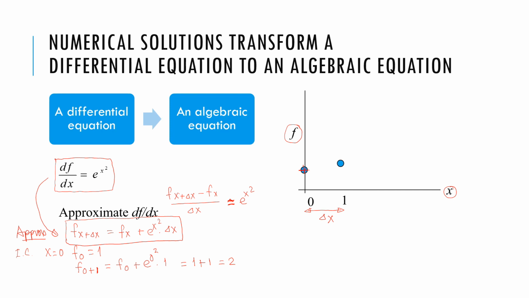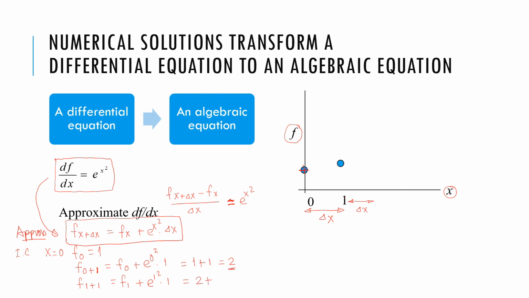And the next point would be f at 1 plus 1. Okay, so now this time x is 1 and delta x is again 1. So we look at the next point. f at 1 plus 1 is equal to f at 1 plus e raised to 1 squared times 1, is equal to f at 1 is 2.